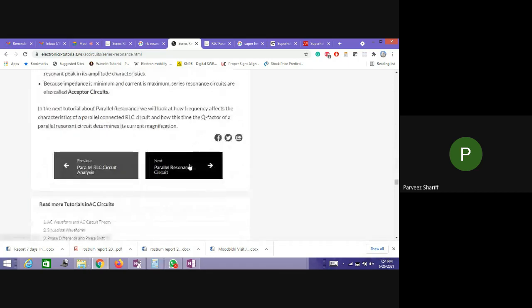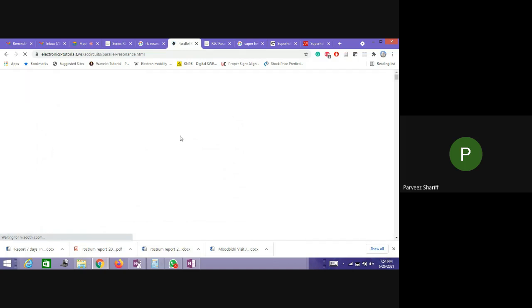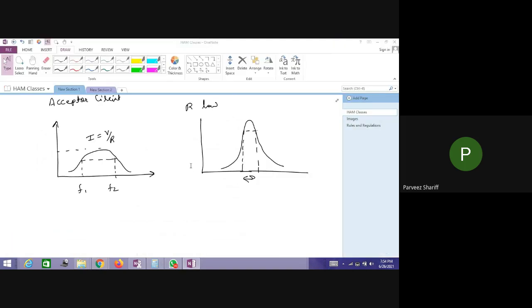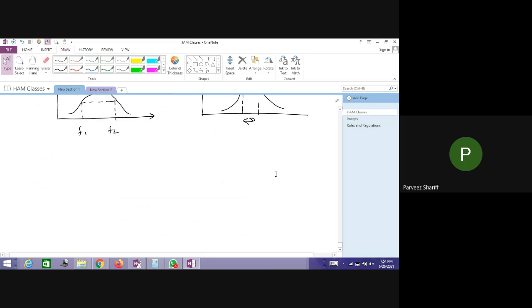Okay. Let us quickly have a look at the parallel resonance circuit. Now we will see what happens if the inductor and capacitor are connected in parallel. This is a resistor, and this is an inductor and capacitor in parallel, and we apply an AC signal to it.